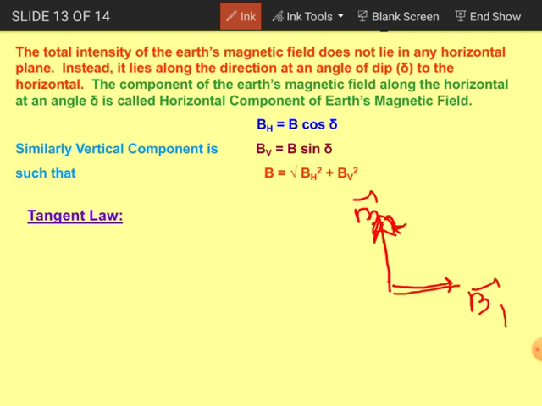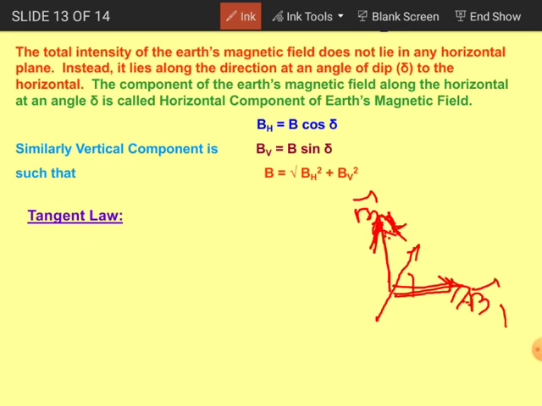If you place a magnetic compass needle into these two mutually perpendicular uniform magnetic fields, your compass needle will point somewhere like this, making some angle with the horizontal direction.